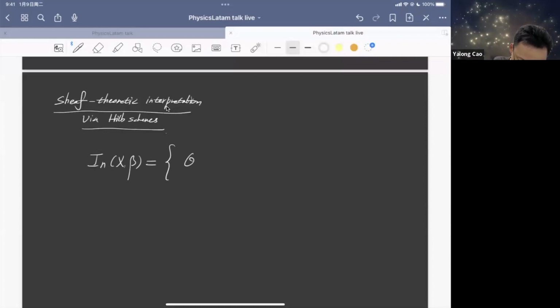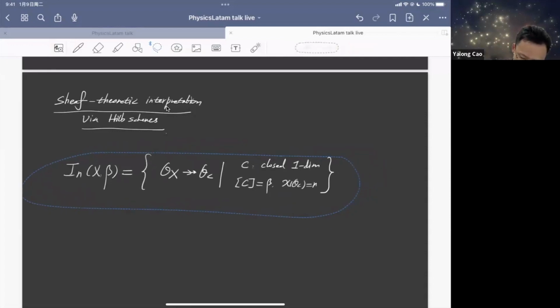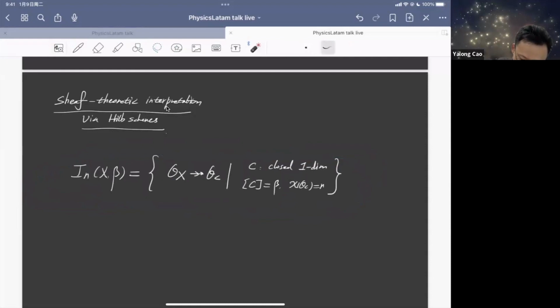This parameterizes maps from O_X to O_C, where this is a surjection, and C is a closed one-dimensional subscheme in X. The curve class of C is beta, and the Euler characteristic is n. It's quite similar to before, but the stability condition is different. Previously, we didn't require this map to be surjective, and in this case, the sheaf does not have to be pure.